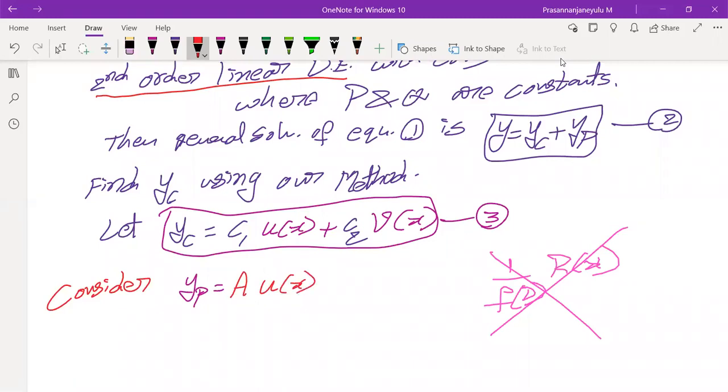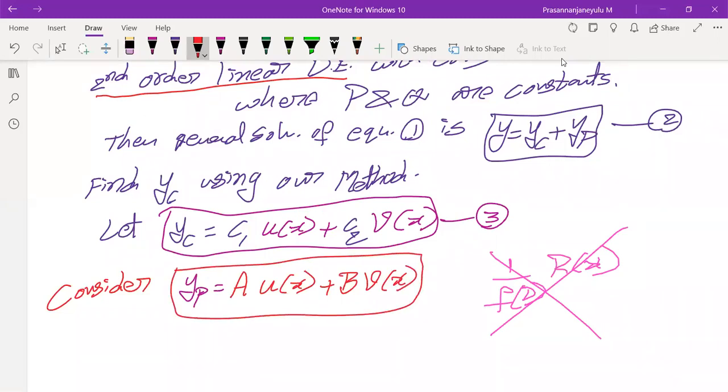That means I'll take it as it is like equation number 3, but in place of c1 and c2, I'm going to take new variables, capital A and capital B. Taking this as equation number 4. What are c1 and c2 called? Arbitrary constants. Another name for arbitrary constants is parameters.